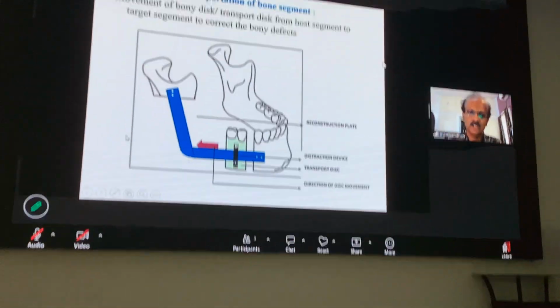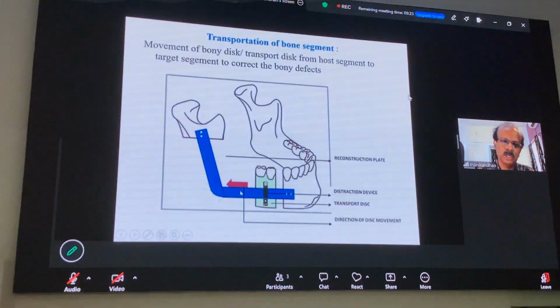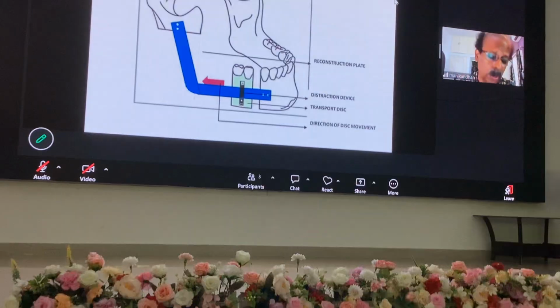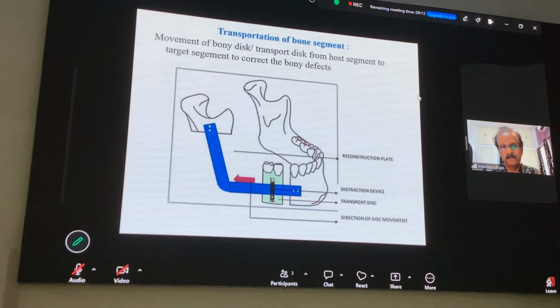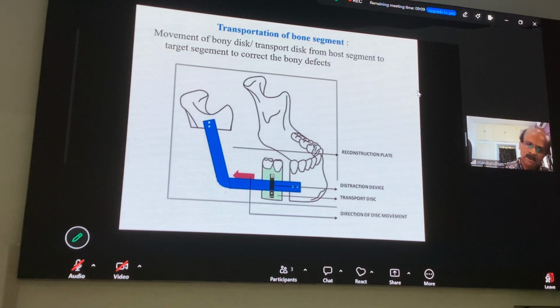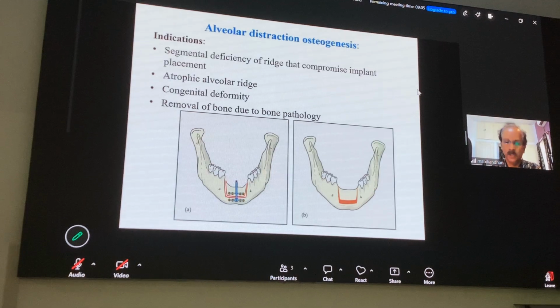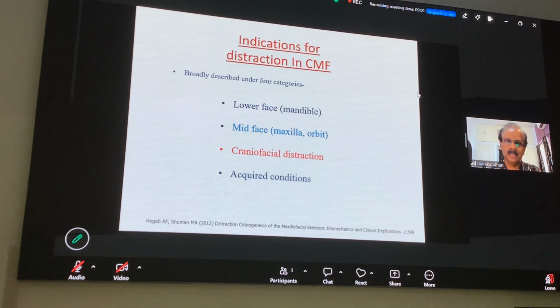You can have a transport distractor. You can keep moving this posteriorly and upward if possible. Very difficult, but you can go as much posteriorly as possible. So you are using a disc to travel a long way. That is why it's called a transport distractor. You can distract alveolar bone alone, like an alveolar distractor.